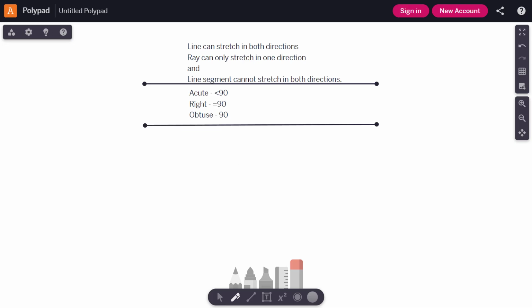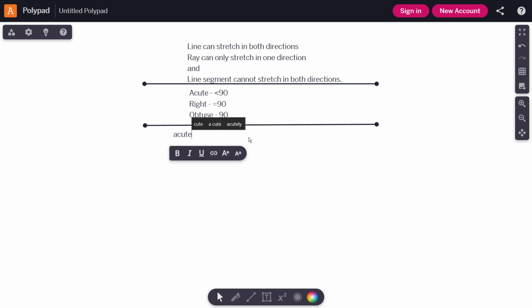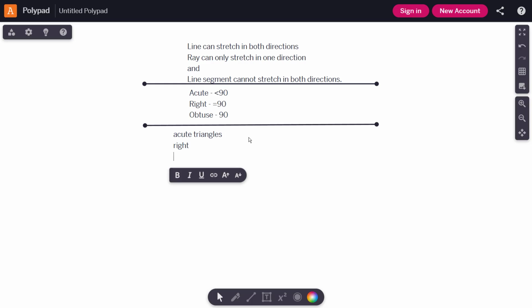That's how we sort triangles. Let's do a quick review. By angles, it can be acute triangles, right triangles, obtuse triangles. We can also sort them by sides.